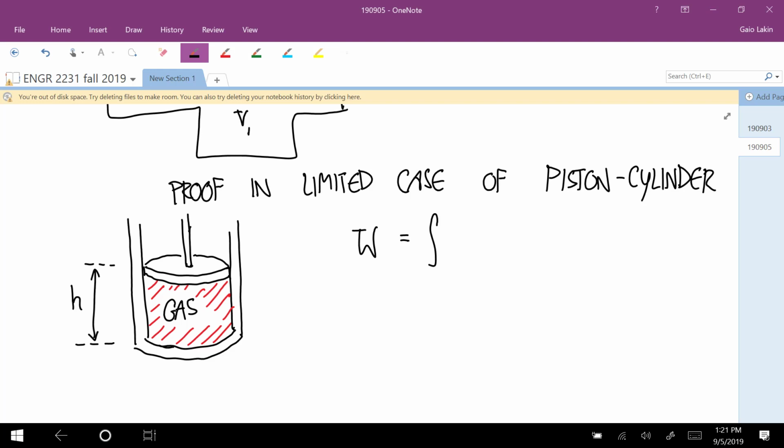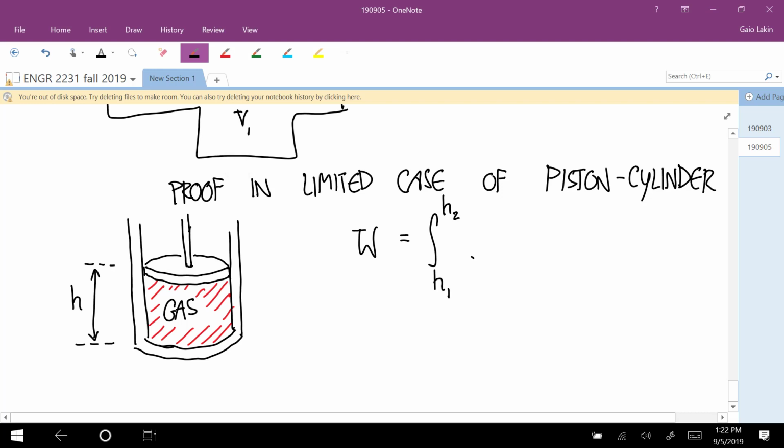So the only place we have to think about the work is the work that the gas does on the piston, as that piston moves from a height like h1 to height h2. So it's going to be the integral as the height goes from h1 to h2 of the force that the gas applies to the top.